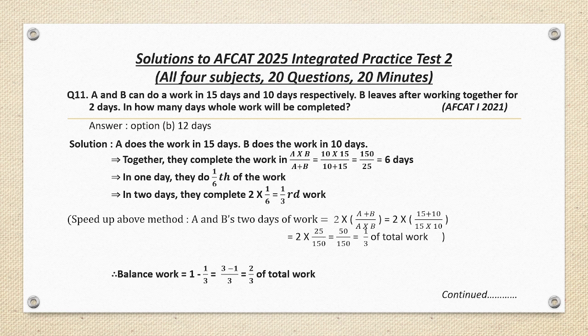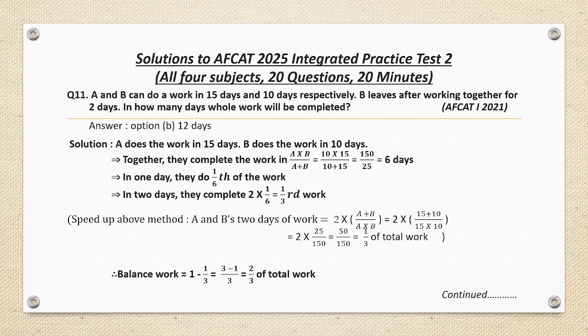Working together for 2 days will be 2 into (A plus B) divided by A into B, that is 2 into (15 plus 10) by 15 into 10. So they have completed 1/3 of the work, and then B has left. So what is the balance of work? 2/3. And how many days did they work together? 2 days.